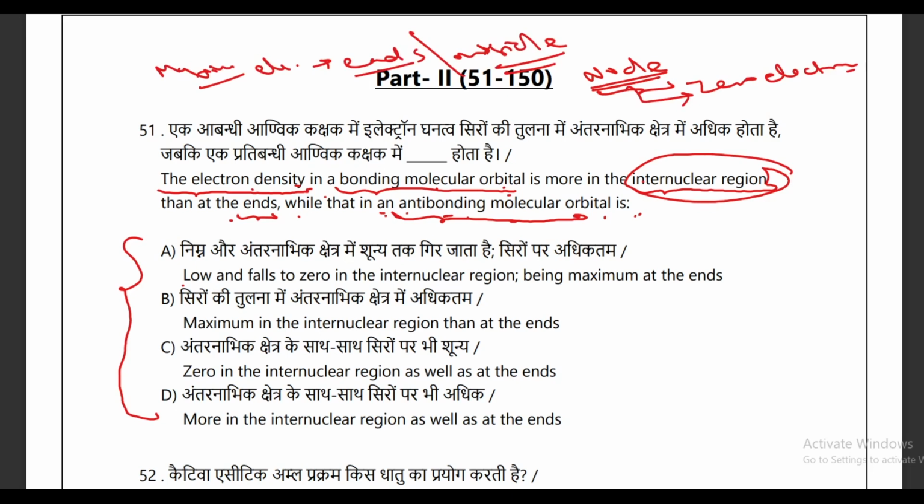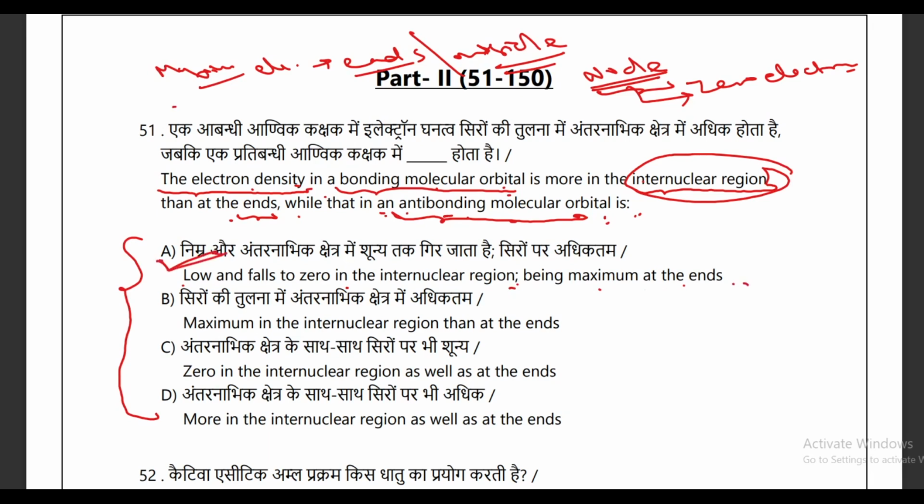Clear? So this difference in electron density distribution explains why the bonding molecular orbitals contribute to the stability of molecule, while anti-bonding molecular orbitals, if occupied, can destabilize the molecule. Okay, so there are four options, and first is low and falls to zero in the internuclear region, being maximum at the end, which is a correct option.